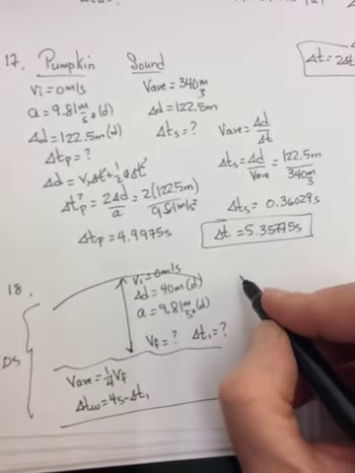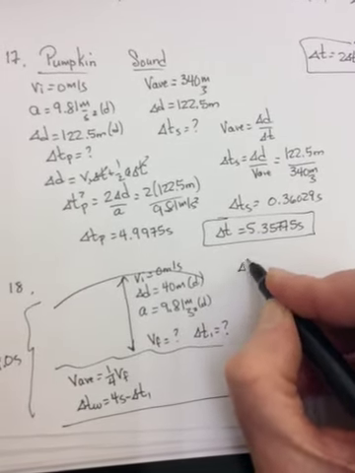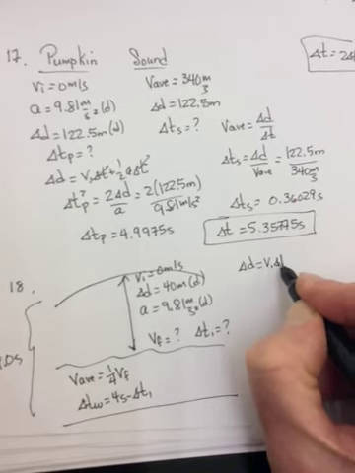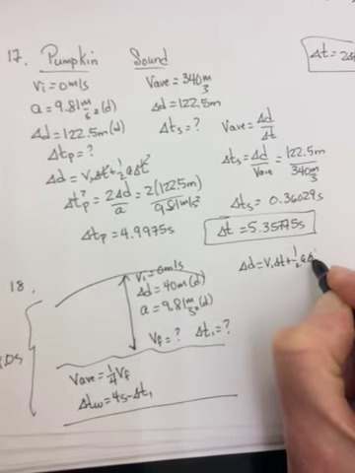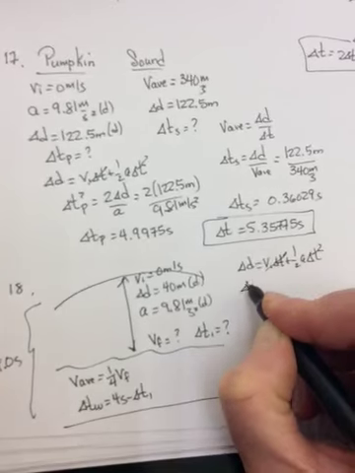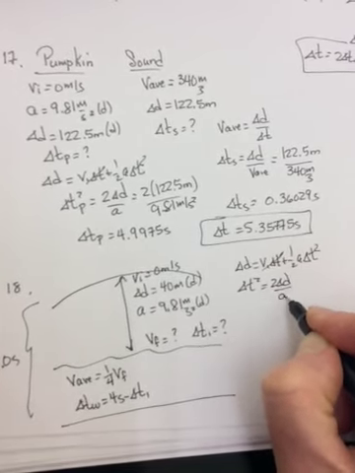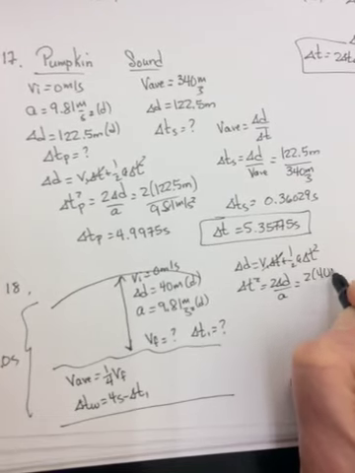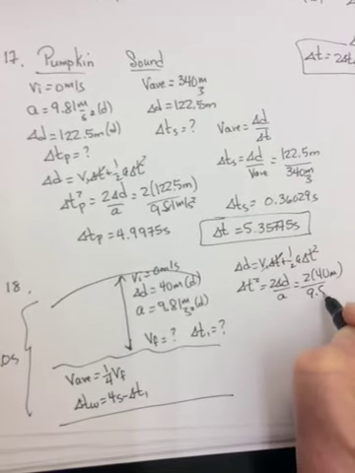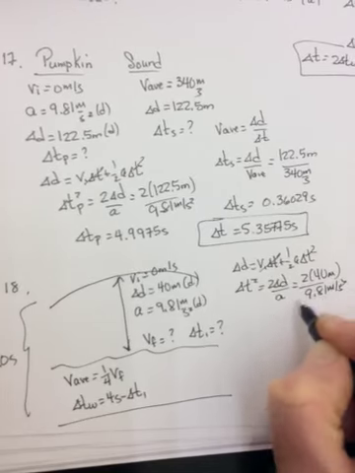So time in the air, you can do delta D is equal to VI delta T plus 1/2 A delta T squared again. This goes to 0. T squared is equal to 2 delta D over A. So 2 times 40, which is about 80, divided by 9.81 meters per second squared.